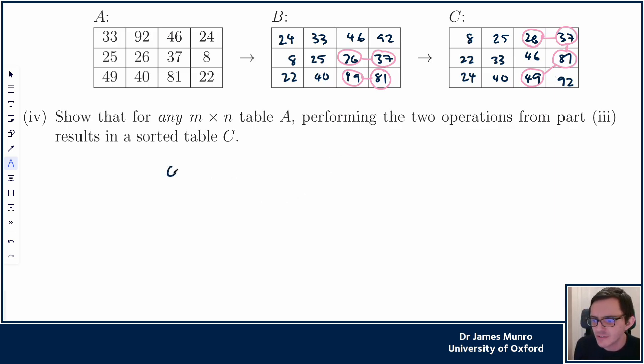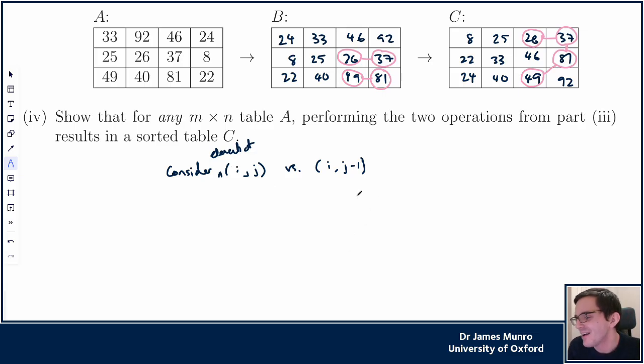Okay, so let's consider the item at ij versus the item in the ith row, the j minus 1th column, to go just to the left. I'd like to prove that the first one is bigger. So we're considering the elements at ij and i, j minus 1.